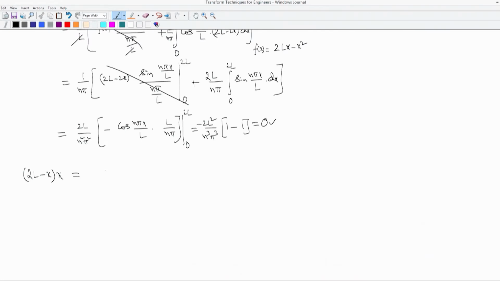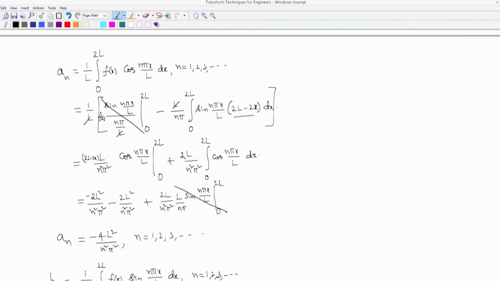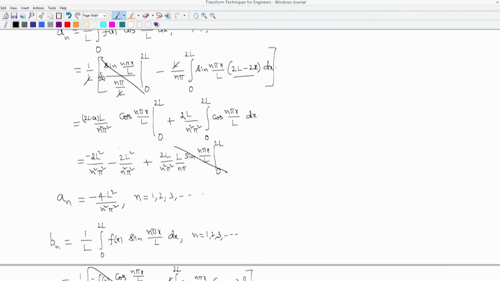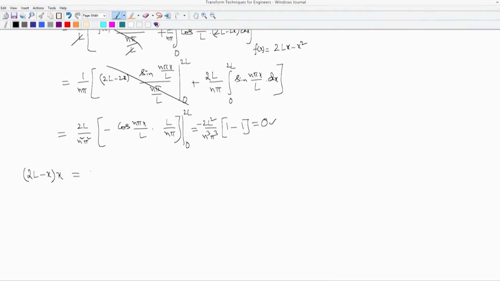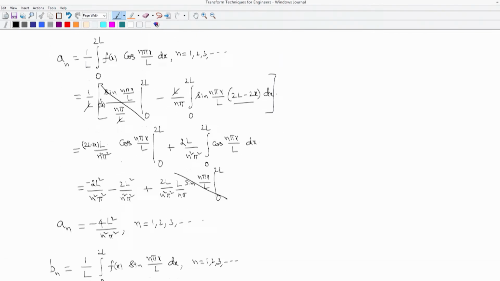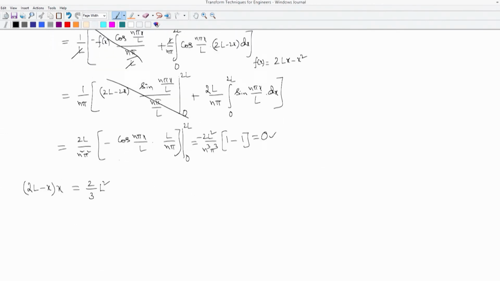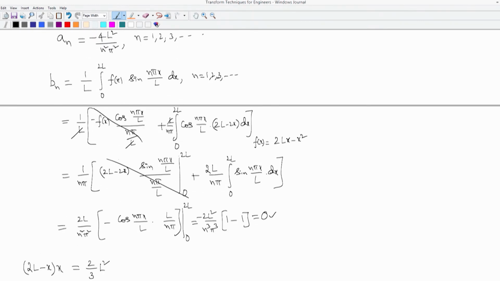So, we can write this, which is 2L minus x into x. So, this is your time signal, which is a naught by 2. So, what is the value of a naught which we found? 4 by 3 L square. So, 2 by 3 L square is a naught by 2, plus b naught is 0, and you have sigma n from 1 to infinity.